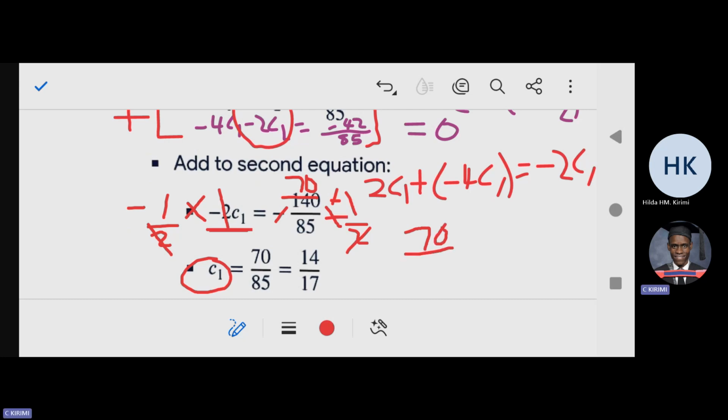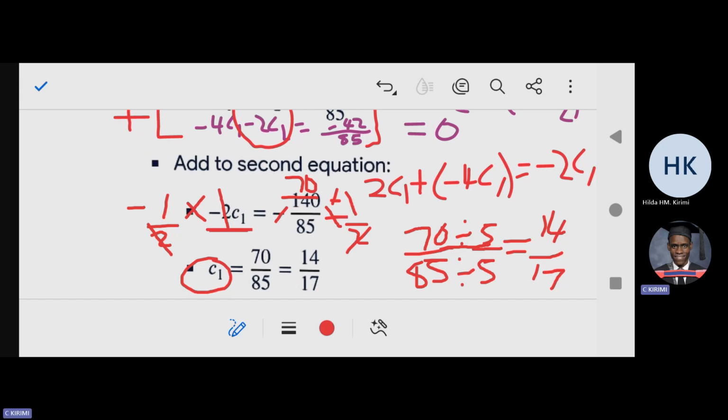So when you divide to simplify, you are dividing by the highest common factor of 85 and what? 70, which is just 5. Here you divide by 5. But I'm sure your calculator will just solve it for you. You don't have to stress. The answer is just 14 over what? 17. That is your C1.